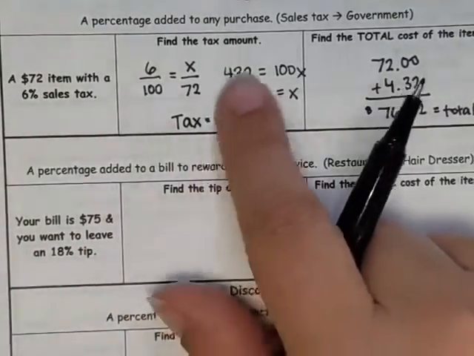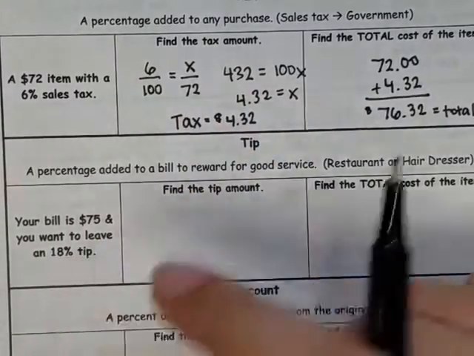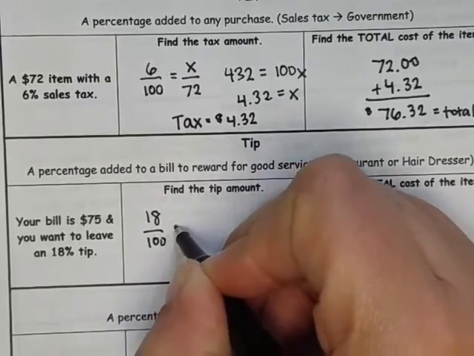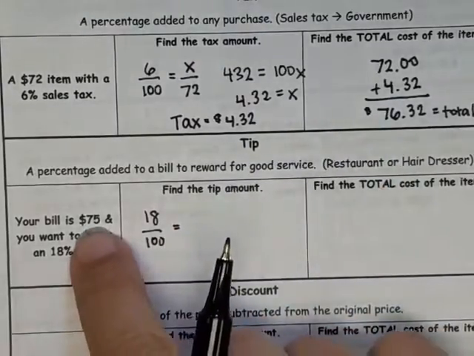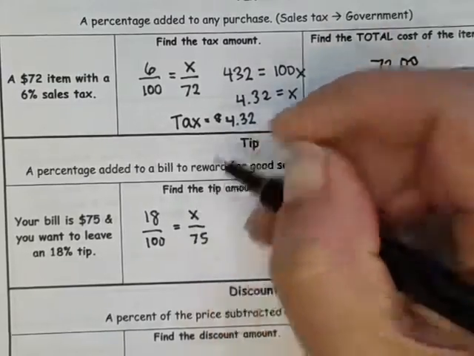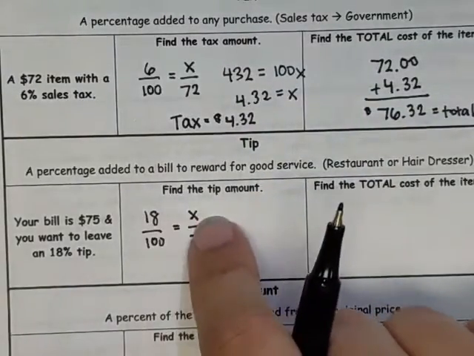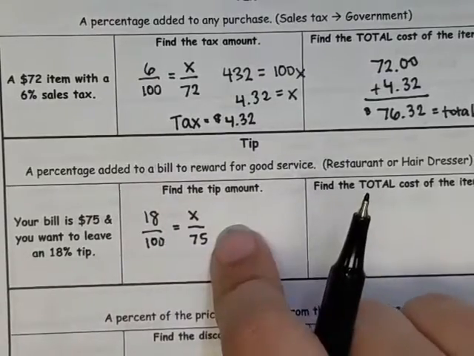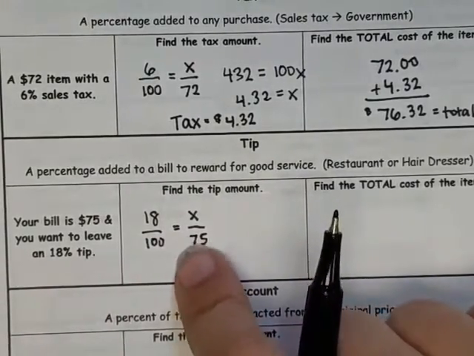So we're going to do the same thing we did up here with the tax. We've got our 18%, and our total is $75. So we want to find the tip that goes here to make these two fractions equivalent.